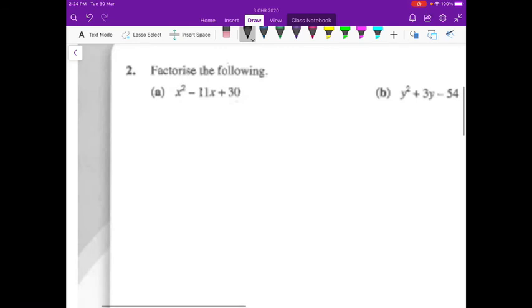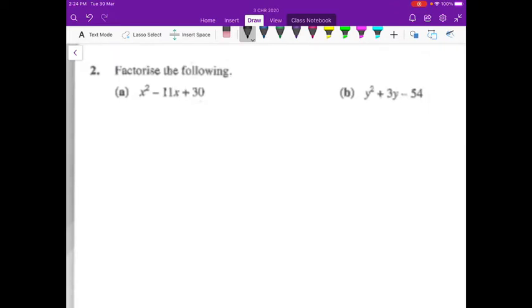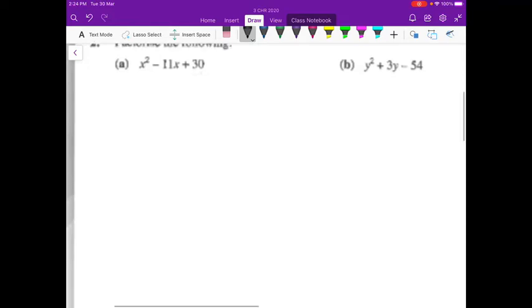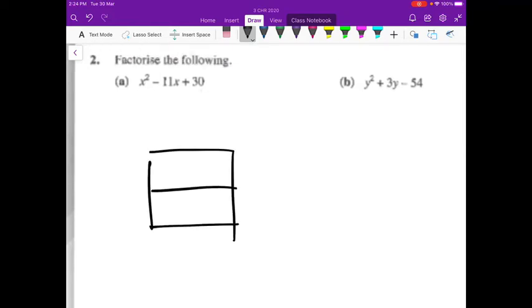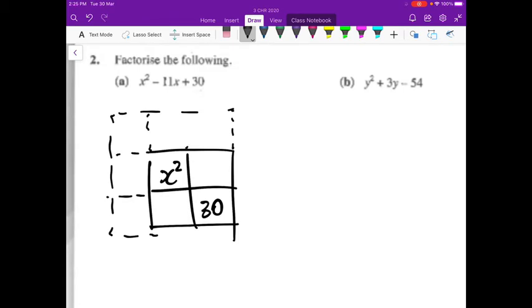Okay, factorize the following. Do you remember how to use your calculator for this? Okay, so I show you the difficult way first. The box, the 9 boxes. X squared and 30. In order to get an x squared, what times what gives you x squared?